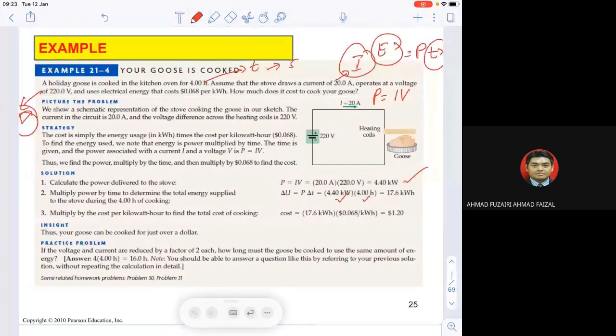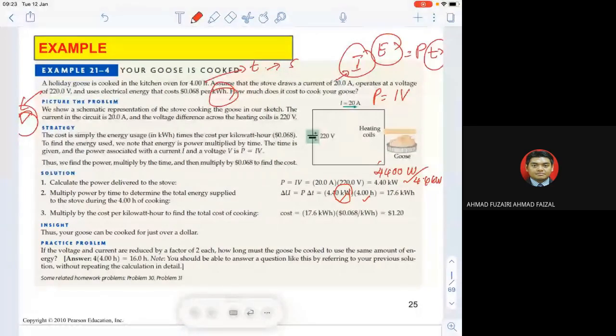So we can leave the 4 hours there so that when we calculate 4.4 kilowatt, you look at the value. The value should be 4,400 watt. But because we want to tally it with the kilowatt hour, we change this one to 4.4 kilowatt. And then you times with the 4 hours to get 17.6 kilowatt hour.